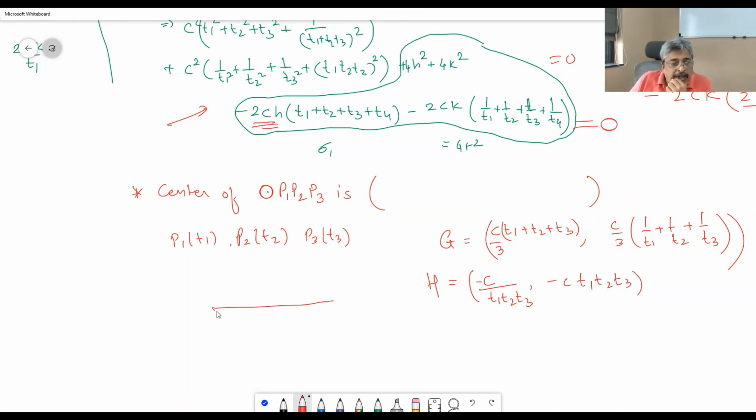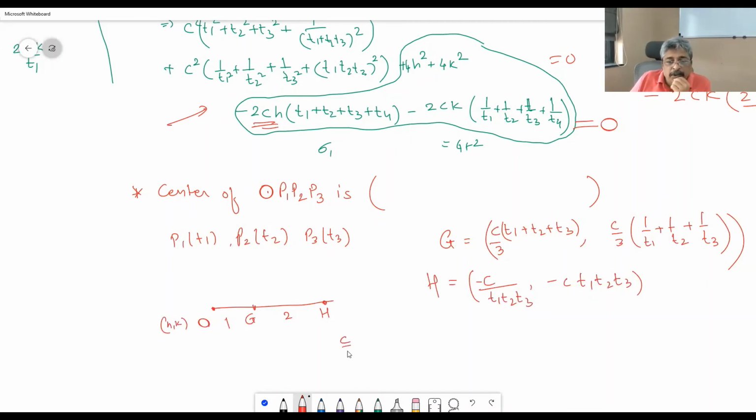O, G and H, one is to 2. We are searching for coordinates of O, h comma k. Okay.